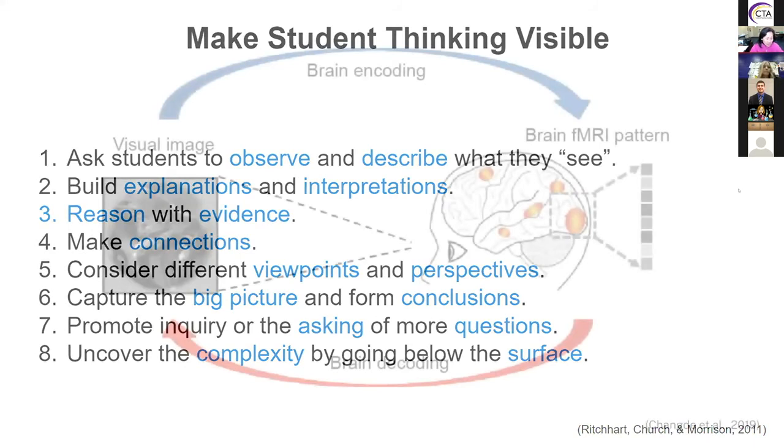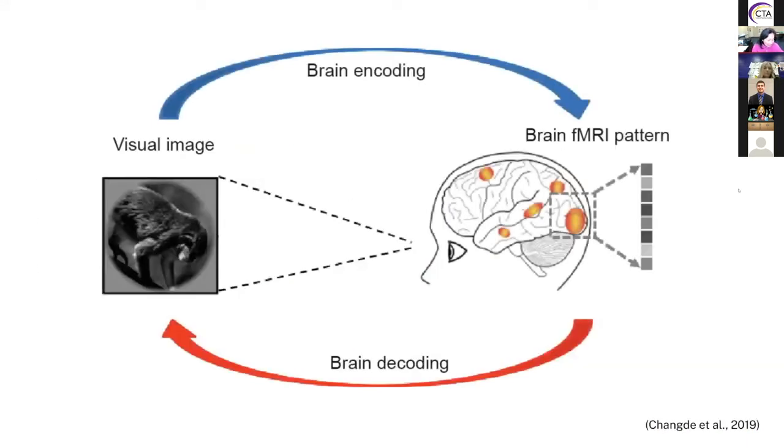The one thing I want to show you actually comes from work from China. This is both the brain encoding and the brain decoding, as we're going through this exercise right now. We're looking at a visual image, drawing on prior knowledge or seeking that prior knowledge that we have before and making sense of it. So I just wanted to show you a picture of what's going on in our brain right now.